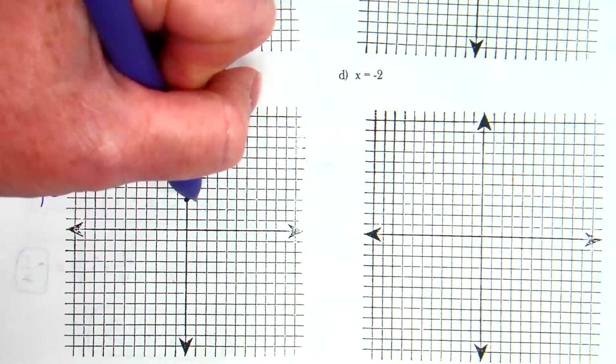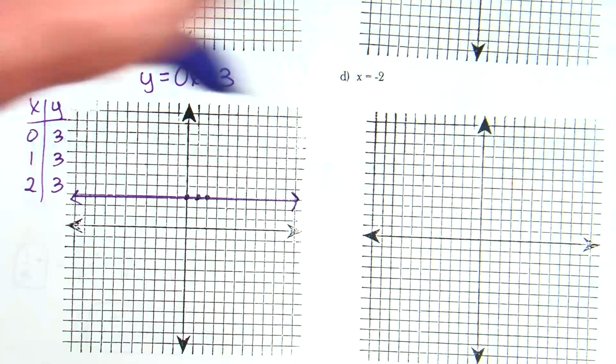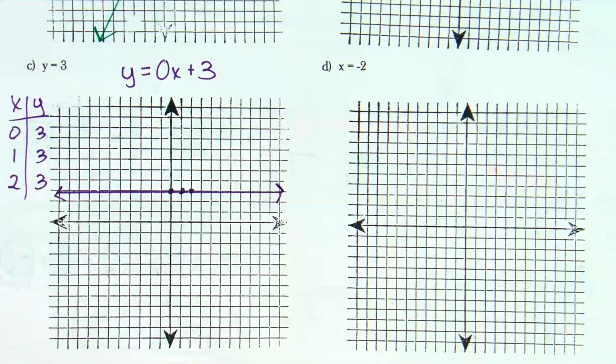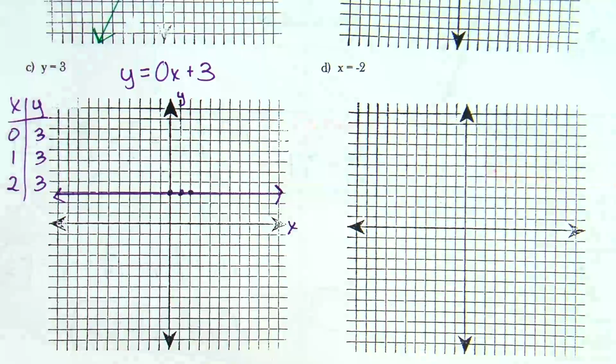Real quick, guys. What about D? If y equals 3 is a horizontal line, it crosses through the y-axis at 3. X equals negative 2 is a vertical line, crossing through the x-axis at negative 2.